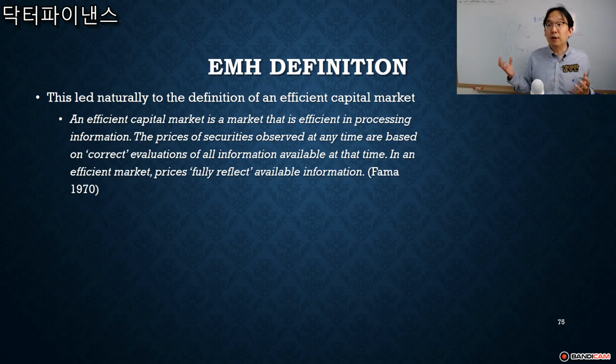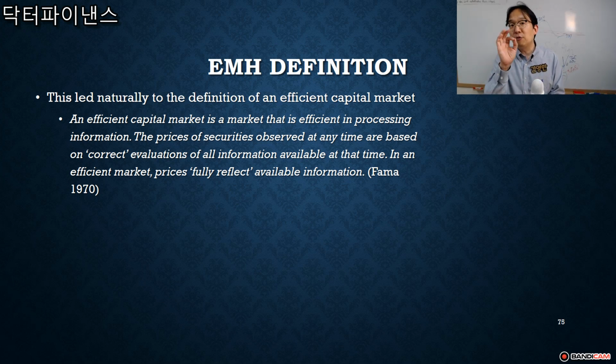price versus value thing. Whether the price in the market really reflects the information about economic fundamentals is a question, okay? The efficient market hypothesis says that it reflects it. The price reflects the information.